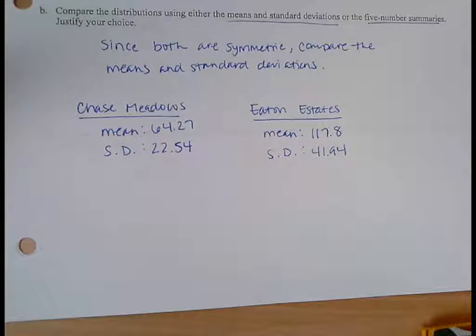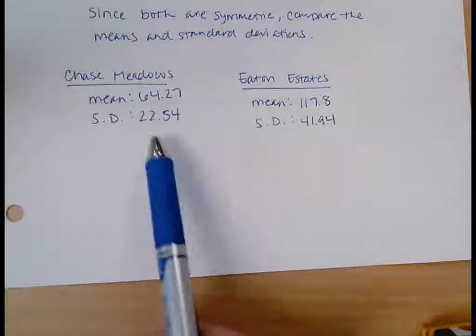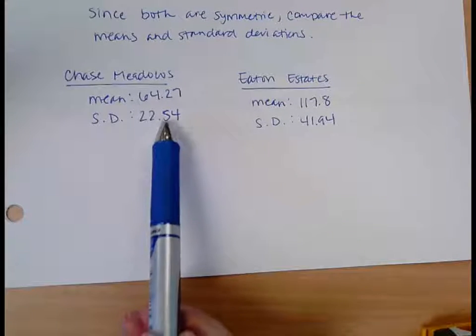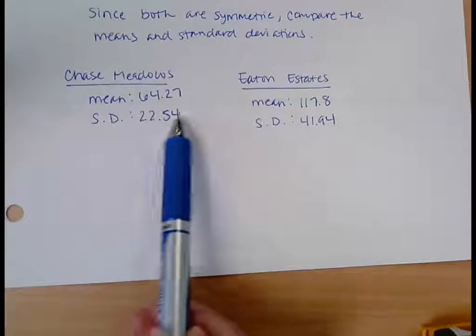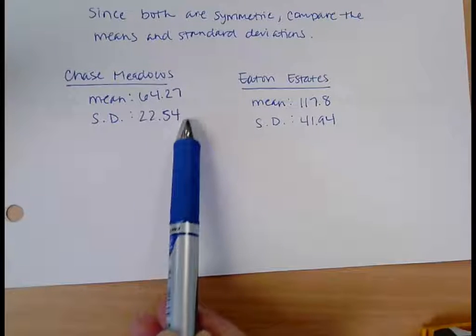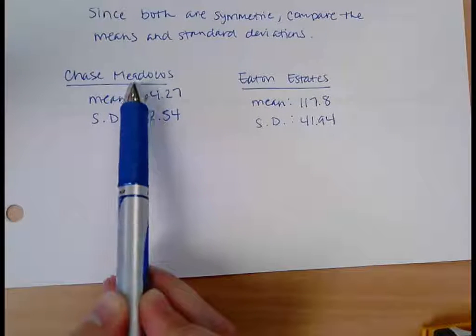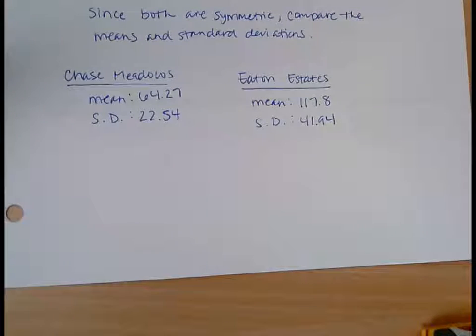Okay, and then if we truly were to compare, I'll just kind of summarize this. I know we're done shortly because it's a Wednesday, we have a shorter class. But if we were to compare the standard deviations, again, notice the standard deviation for Chase Meadows is lower. That means the data for Chase Meadows is less spread out. Those data values themselves are closer together.